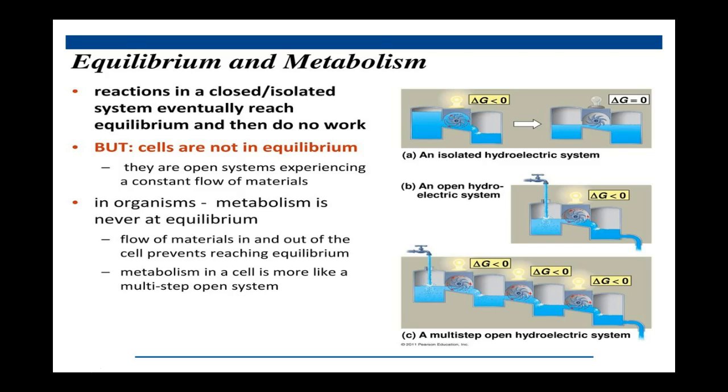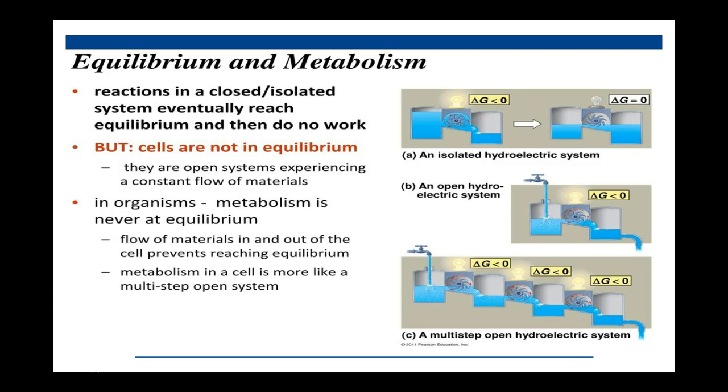But in an open hydroelectric system, the water is going to constantly go down and then be brought back up so that it goes into the first tank. You can see that at the first tank, the spigot's on, the water's going in, and then the water is going to turn each of those turbines and create energy.